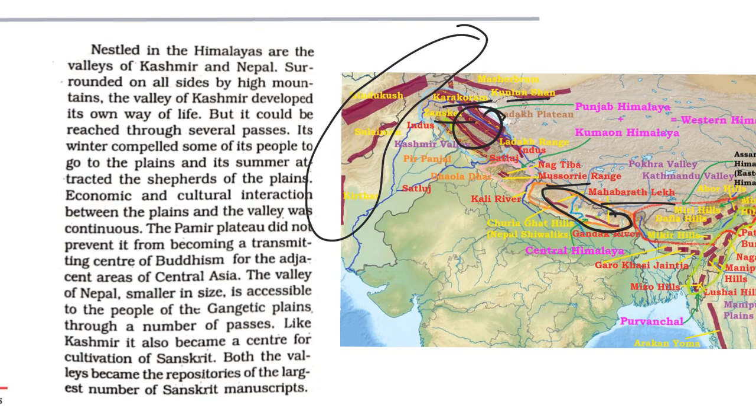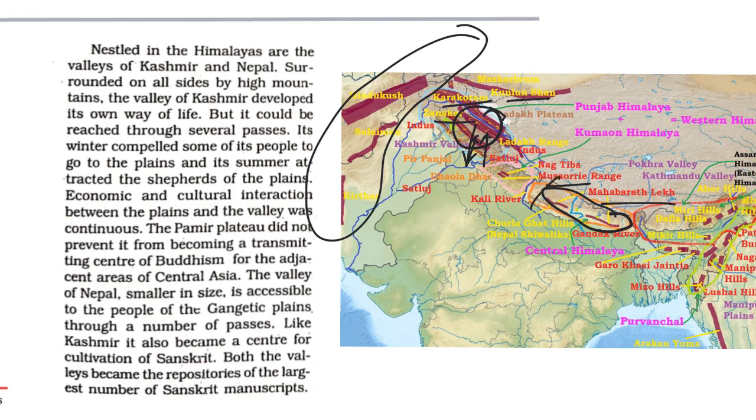Here we can see different passes through which we can move towards Kashmir. The people living in Kashmir, especially in the winters when the climate becomes very harsh, would come to the foothills of the Himalayas to live. So this facilitated the movement of the people.